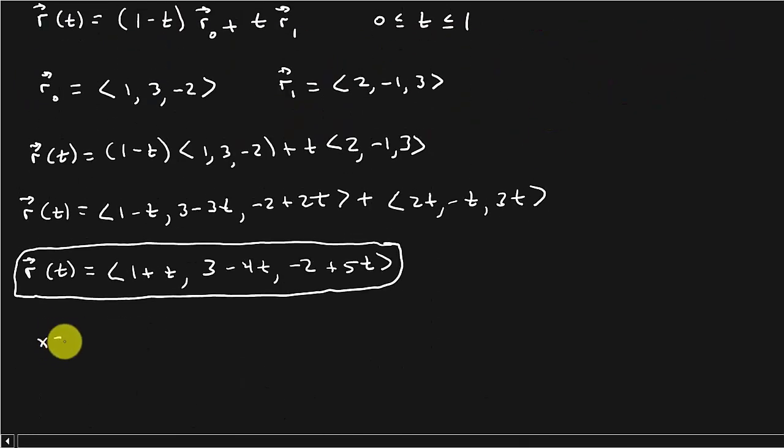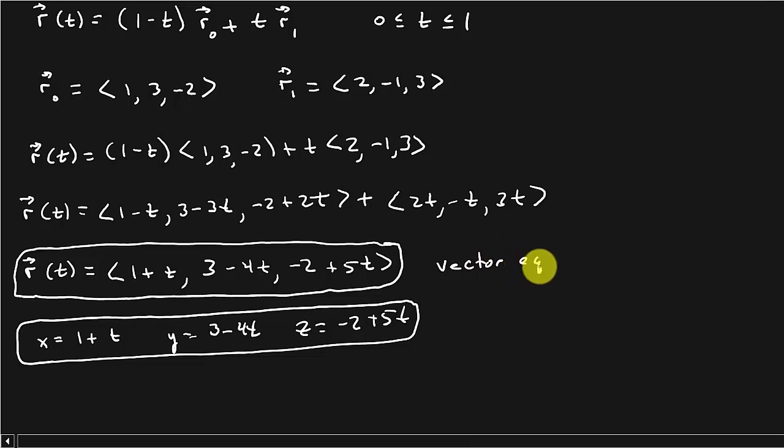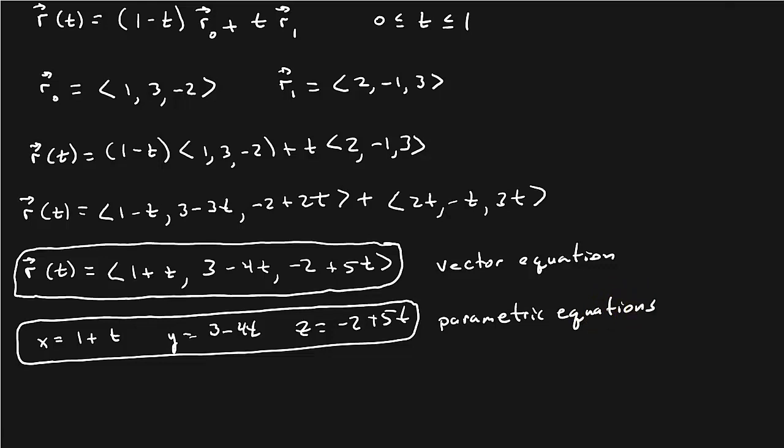And now they want the parametric equations. Well, that's easy. We've got x is equal to 1 plus t, y is equal to 3 minus 4t, and z is negative 2 plus 5t. So this is the vector equation, and this is your parametric equations.